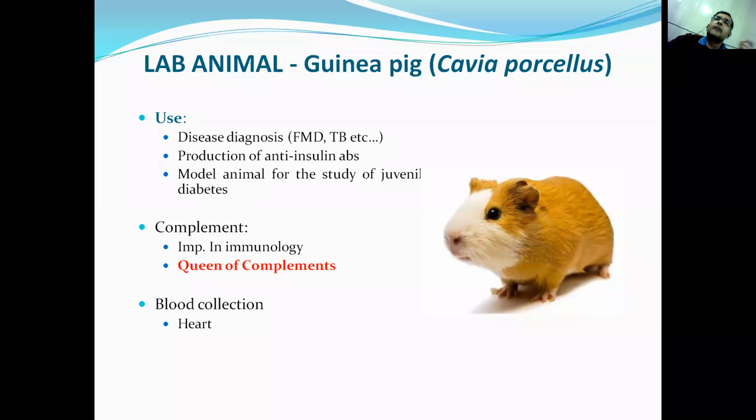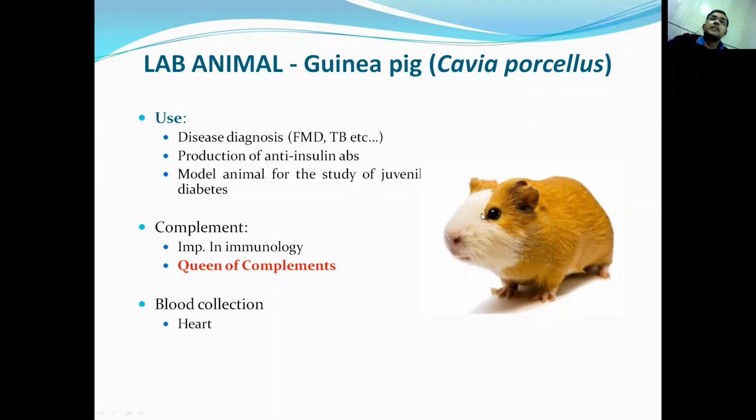The second peculiarity of this animal is that it has all types of complement. In your immunology class, you might have studied complement, what it is and how it plays a role in immunology, and it is considered one of the important arsenals of our immune system. Complement is required for performing some tests like the complement fixation test.